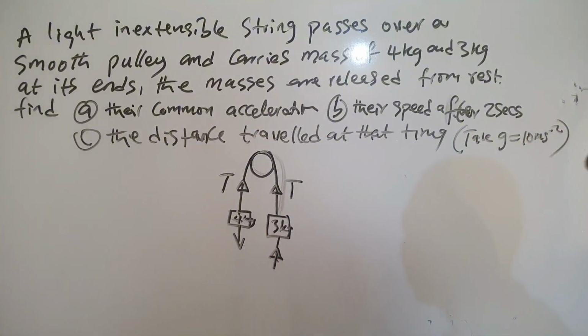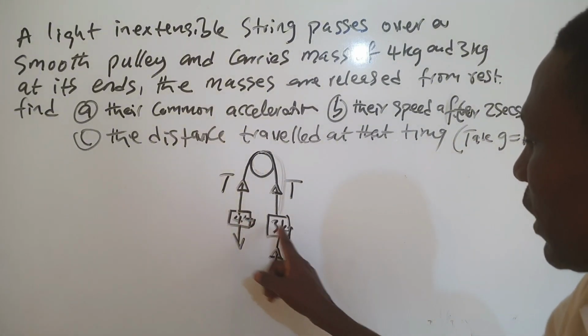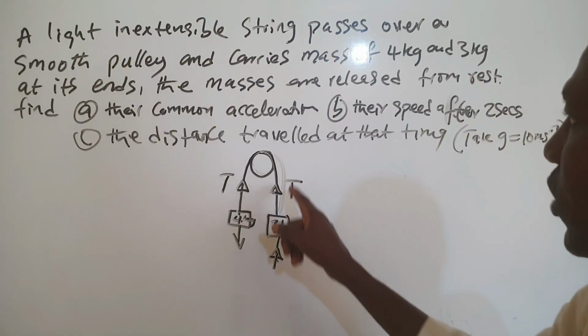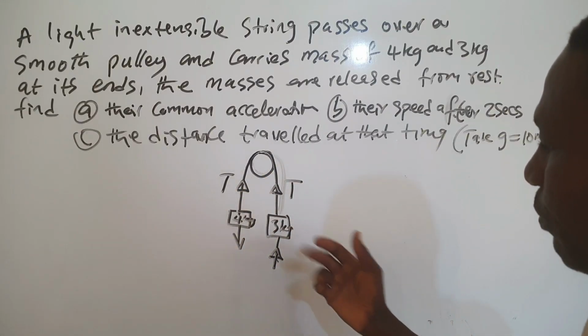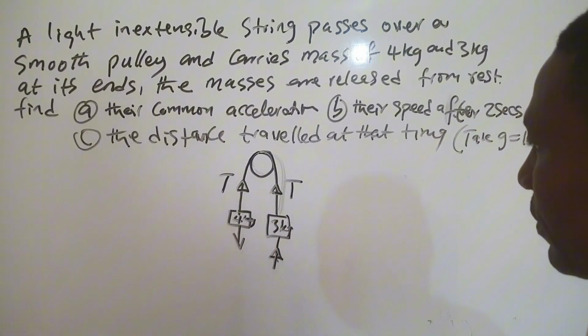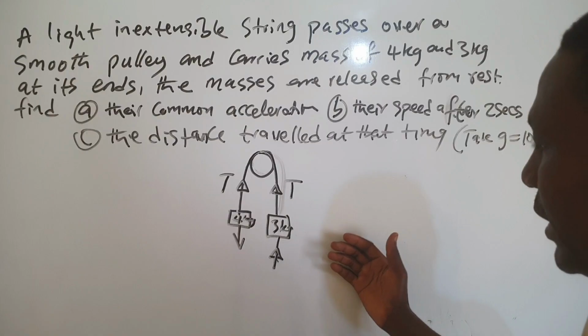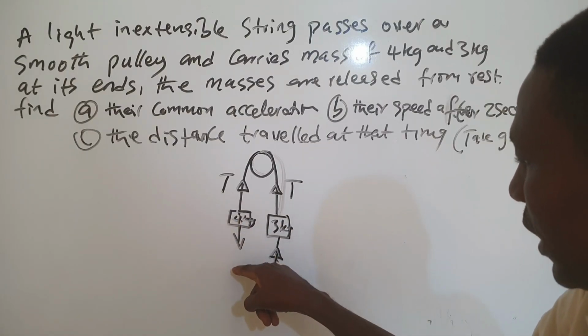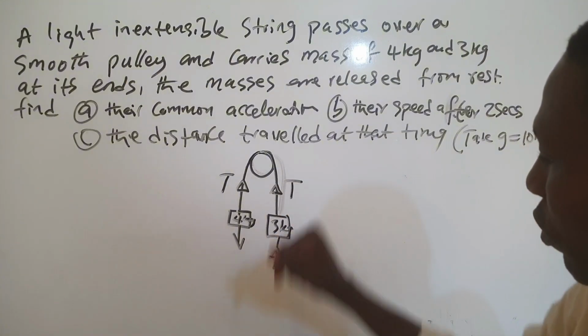This is the diagram, okay? These two masses are attached to a rope that is suspended on a smooth pulley. One of the masses is 4 kg, the other one is 3 kg. When you release them from rest, you know that this bigger mass will start going down, drawing the smaller mass upward.